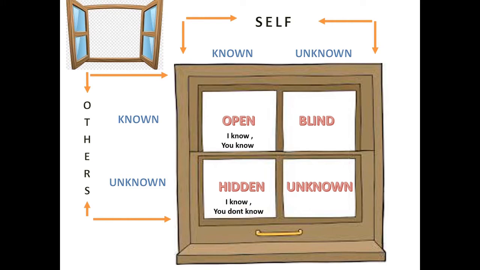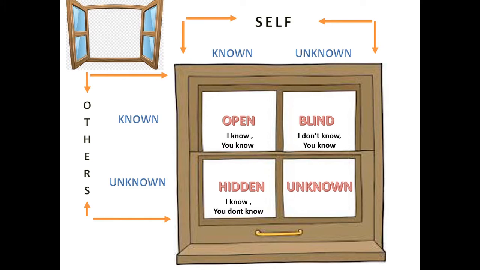And below that is I know from the self, known to self, that is I know, and you don't know, unknown to others. That is what we call the hidden. And at the right upper, we will describe this as the blind. I don't know because self is unknown at the upper portion, and you know at the others' left portion. That is the third, the right upper, what we call the blind or the I don't know, you know panel.